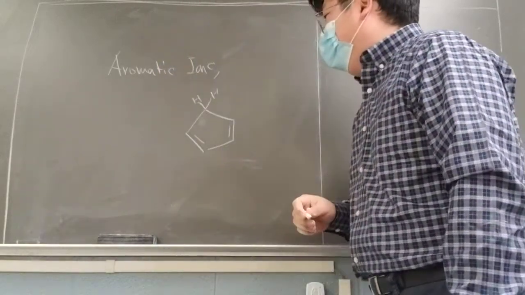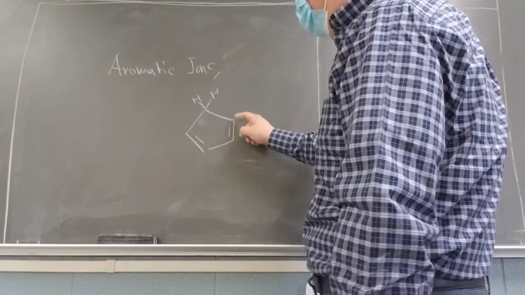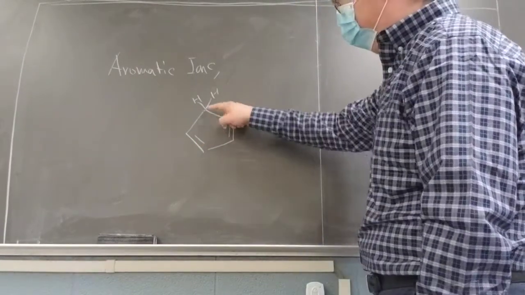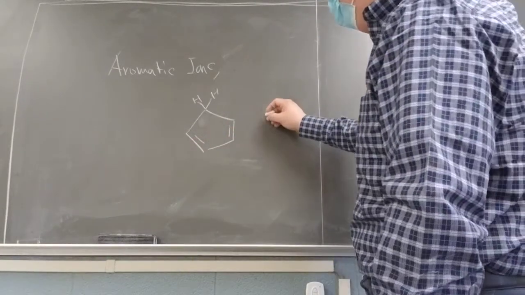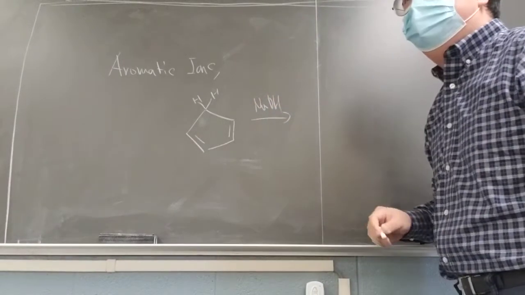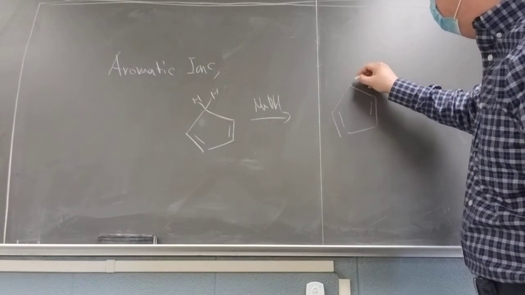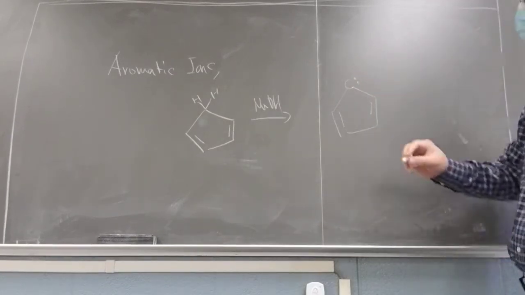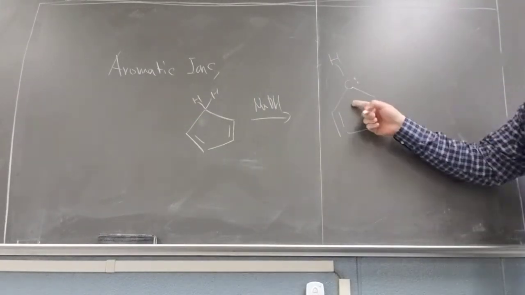If you have 1,3-cyclopentadiene, you can treat it with some base, and it will be deprotonated. This carbon will have one lone pair after the proton leaves with the base, and it looks like this.